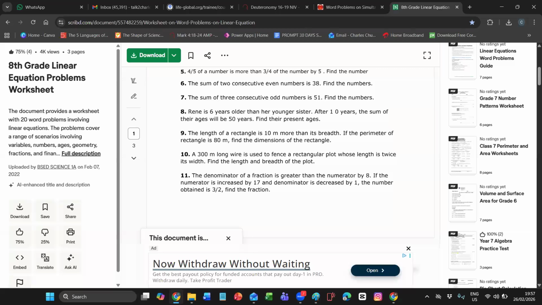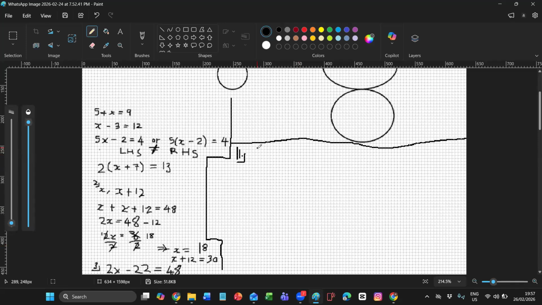So maybe we should use D plus 8. Let's use the letters to represent these things first.